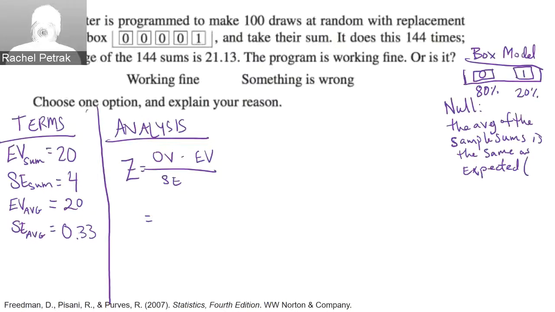Well, our observed value for the sums is 21.